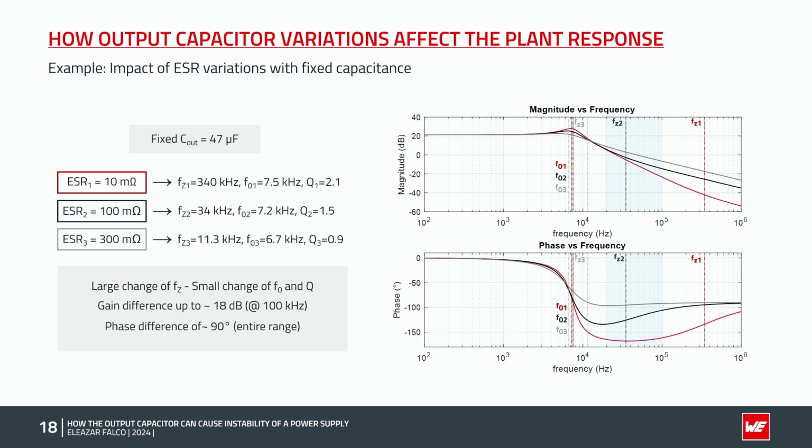However, the phase difference that we can observe is up to 90 degrees, and this is over the entire target frequency range for the crossover frequency of the open loop response. And this is only caused, or mainly caused, by the change in the ESR0 frequency.